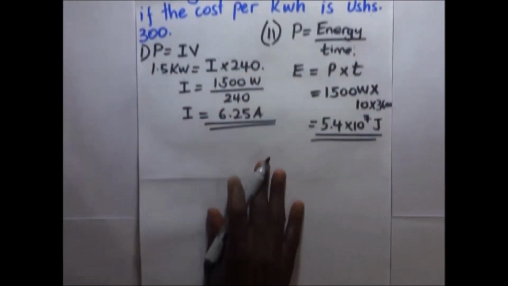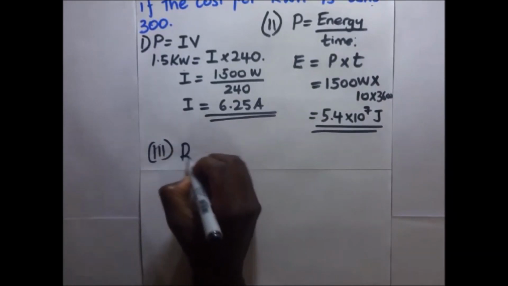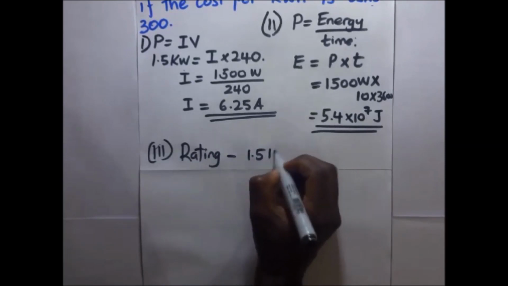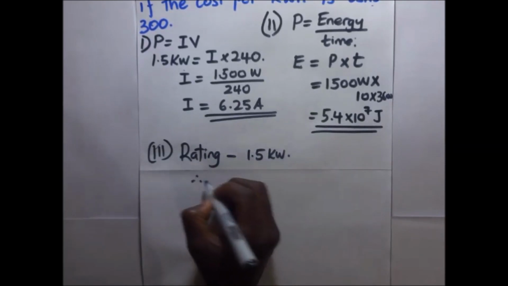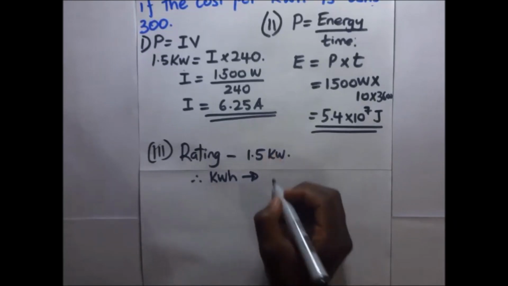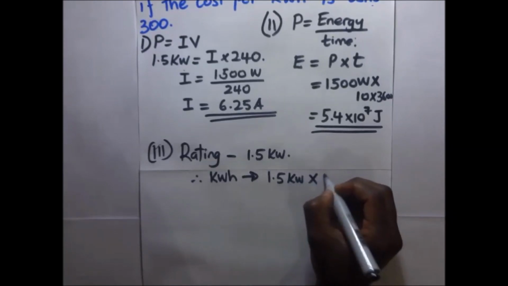This is Roman 3, the rating is 1.5 kilowatts. So therefore, the kilowatt hours in 10 hours is going to be the rating, 1.5 kilowatts times the 10 hours.